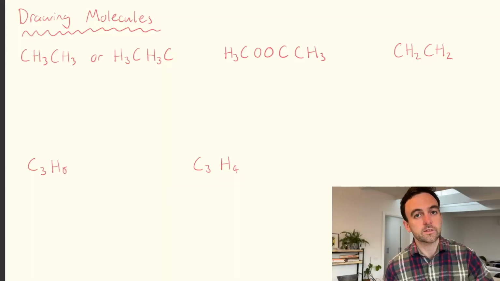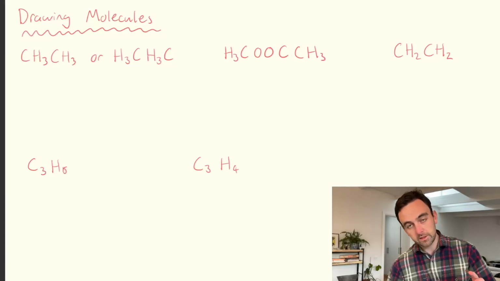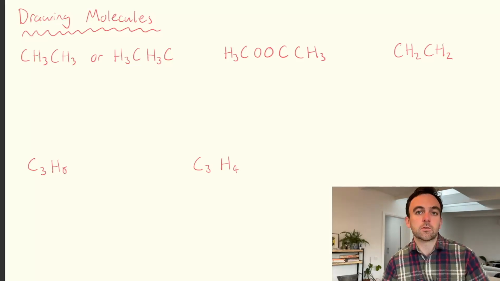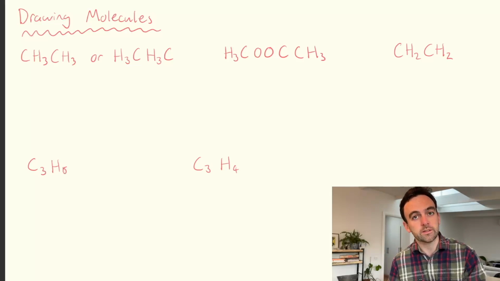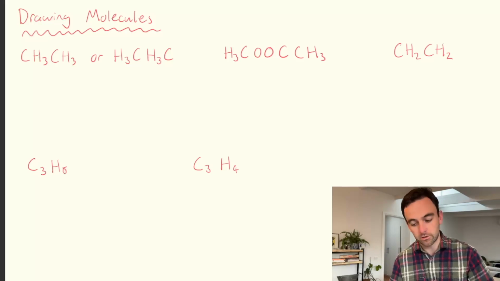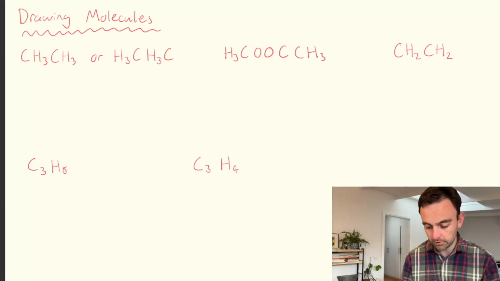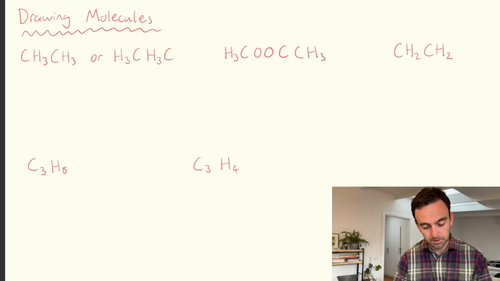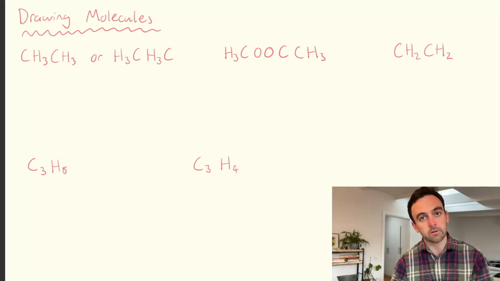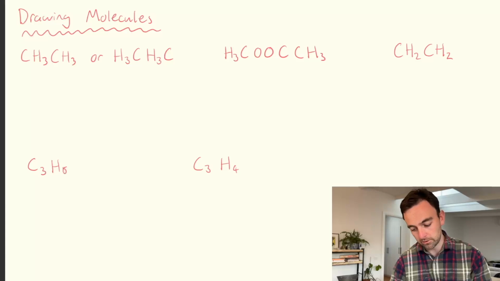Okay, so let's get started with how to interpret chemical formulas and draw out molecules. Ultimately, it's good to not lose sight of what we're trying to do, which is to see how the carbons are arranged and what they're bound to. So on each of these, you want to look at the carbons and identify what they're bound to.